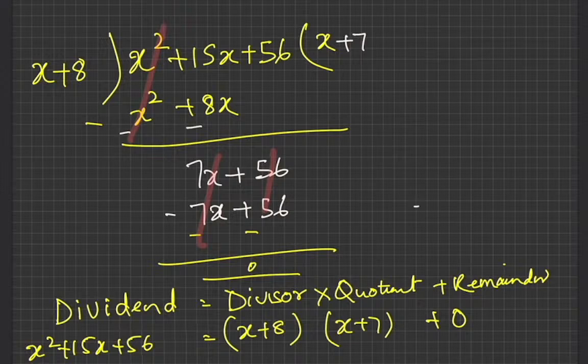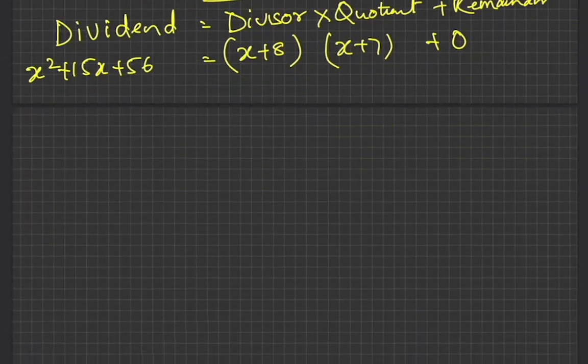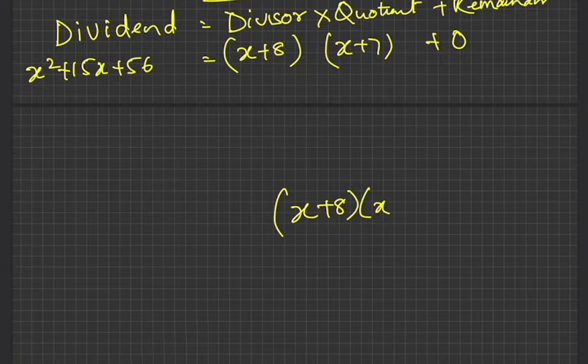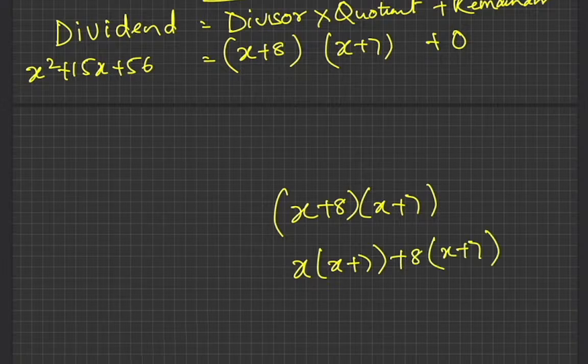Now x plus 8 times x plus 7. So x into x plus 7, plus 8 into x plus 7. x squared plus 7x plus 8x plus 56.